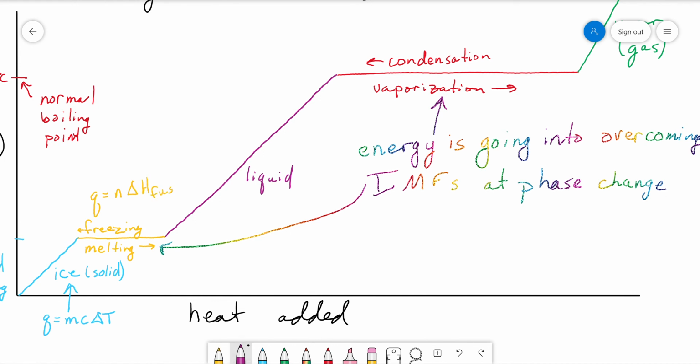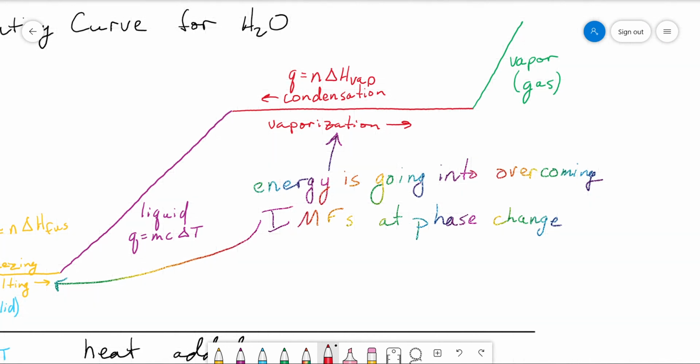Purple again, Q is equal to MC delta T. Red, Q is equal to n delta H vaporization. And then up there in the green, again, Q is equal to MC delta T.